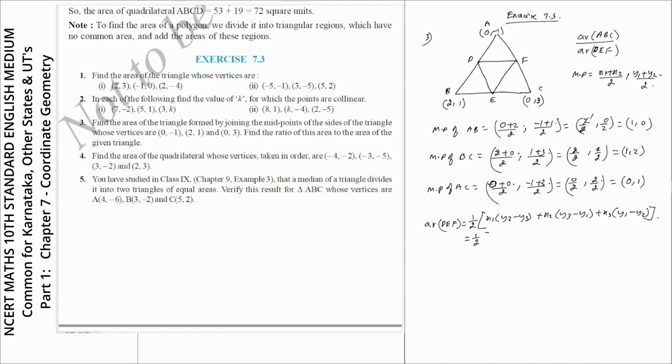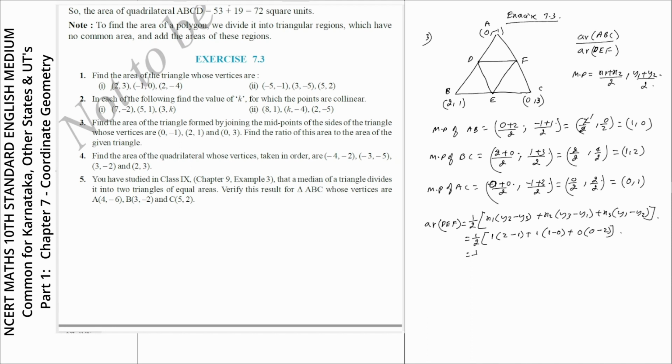So 1 by 2. So I am taking point DEF. So x1 is 1 into y2 is 2 minus y3 is 1 plus x2 is 1, then y3 minus y1, that is 1 minus 0 plus x3 is 0, y1 is 0 minus y2 is 2.